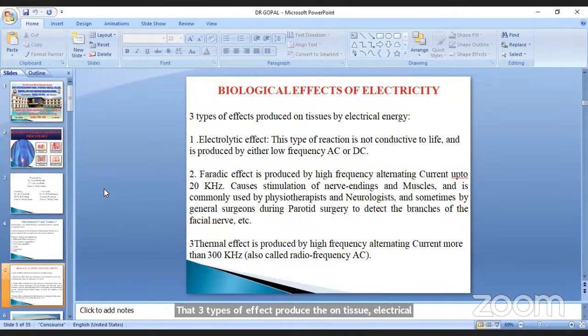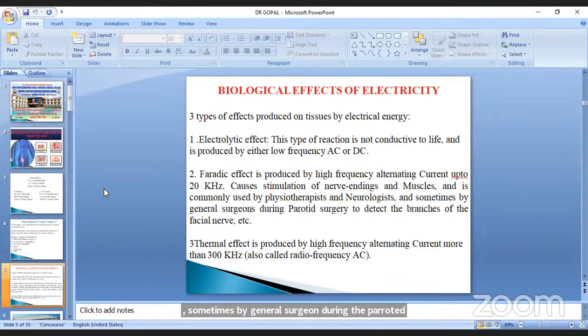Electrolytic effect: this type of reaction is not conducive to life and is produced by either low frequency AC or DC. Faradic effect is produced by high frequency alternating current up to 20 kHz, causing stimulation of nerve endings and muscles, commonly used in physiotherapy and neurology, and sometimes by general surgeons during parotid surgery to detect the branches of the facial nerve.